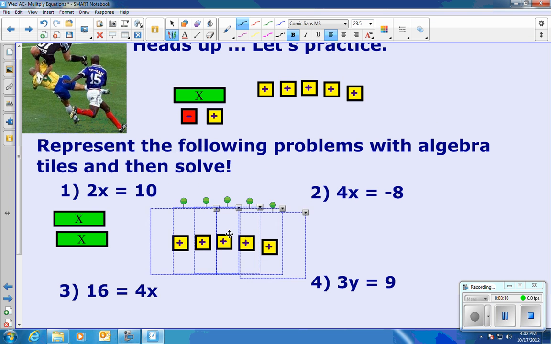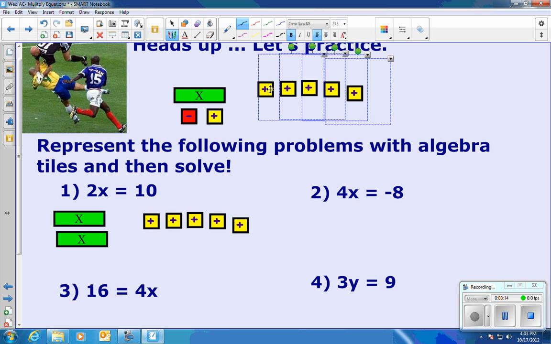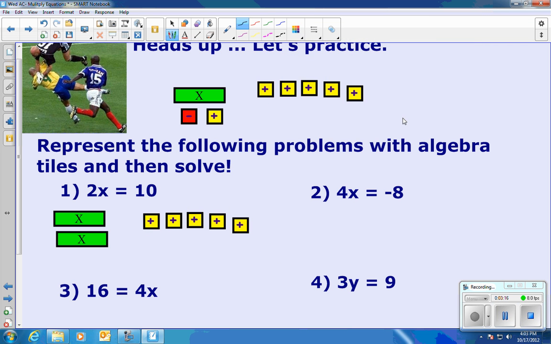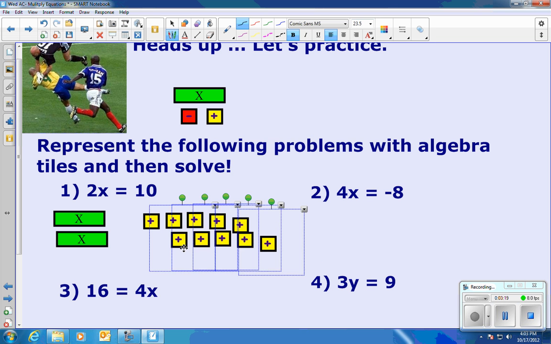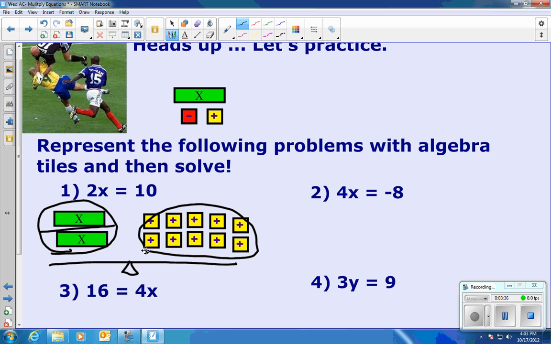So to solve for this problem, we need to take our x's and divide them into 2 groups, which means we also have to divide this side into 2 groups. So each x has to equal 5.